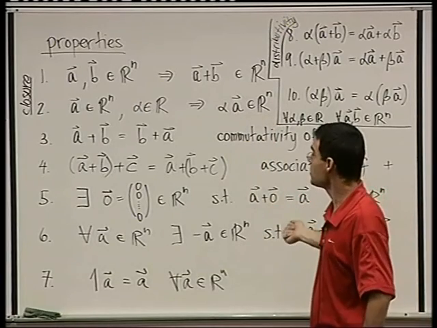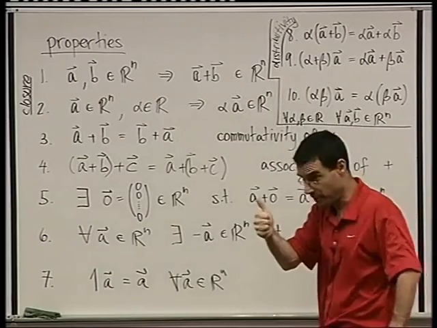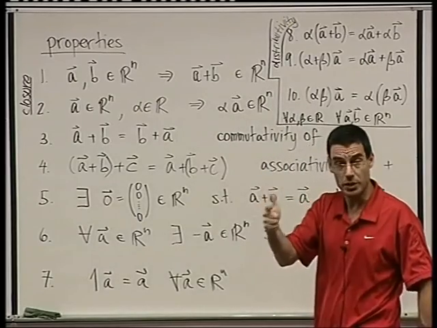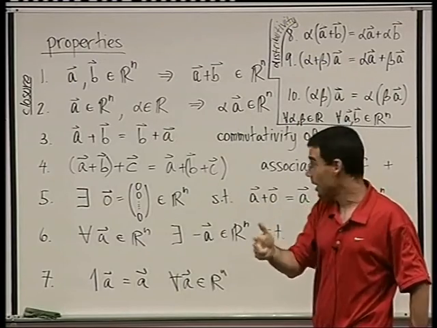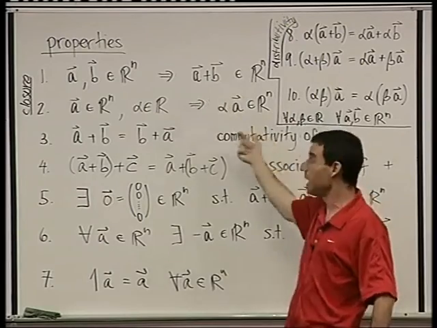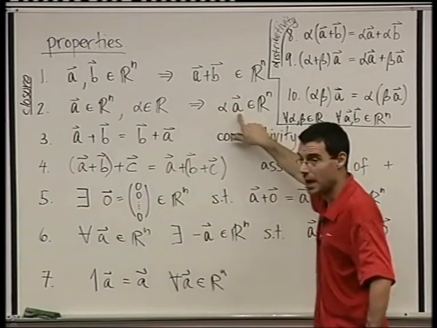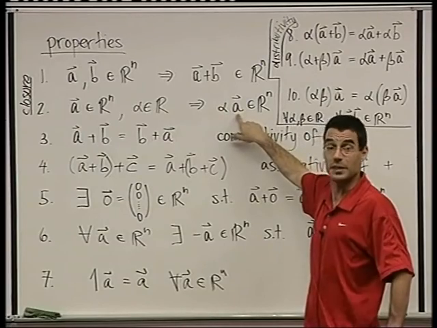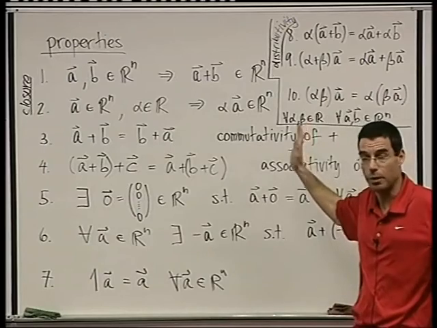A vector space is a bunch of elements, plus a field where you take the scalars from, plus an addition operation, plus a product of elements from the field times elements from V that satisfy these 10 abstract properties.